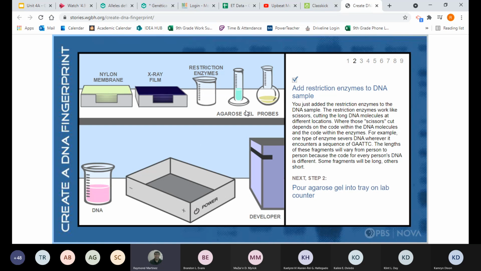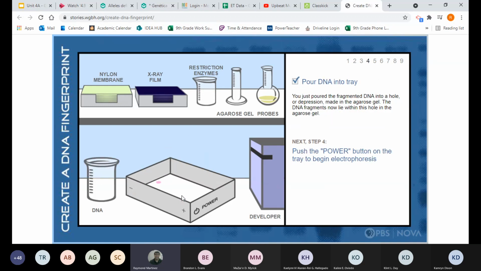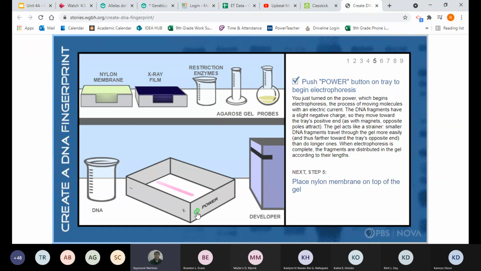All right, next we're going to pour the agarose gel. This is what's going to make the medium that will hold everything in place. We're going to pour the DNA into that agarose gel. There'll be specific wells that will have it. Press the power button. The DNA runs. DNA has a slight charge to it, so when you run electricity through it, it'll spread across that medium.